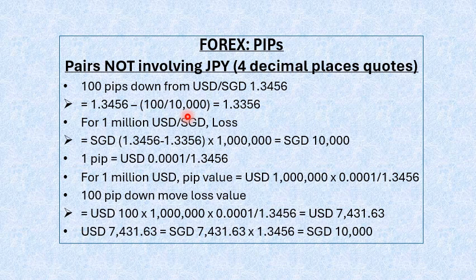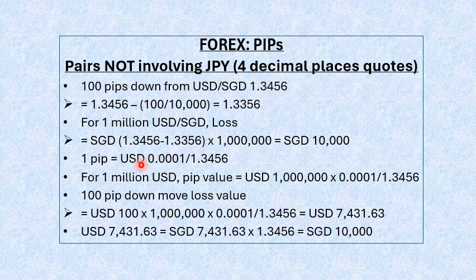If a trader bought 1 million USD SGD at 1.3456, he would have lost Singapore dollars 1.3456 minus 1.3356 into 1 million, which is equal to Singapore dollar 10,000. Alternatively, we can calculate as follows. 1 pip is 0.0001 divided by 1.3456 US dollars.